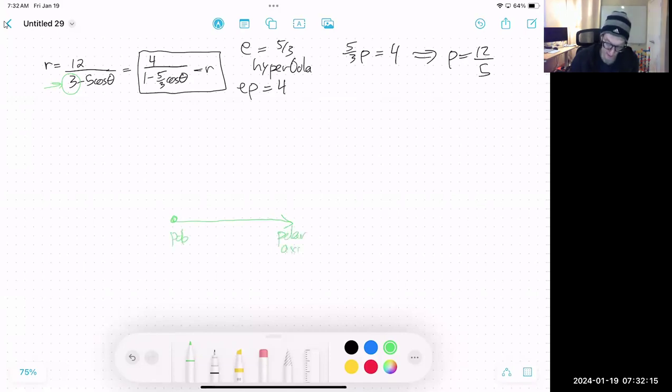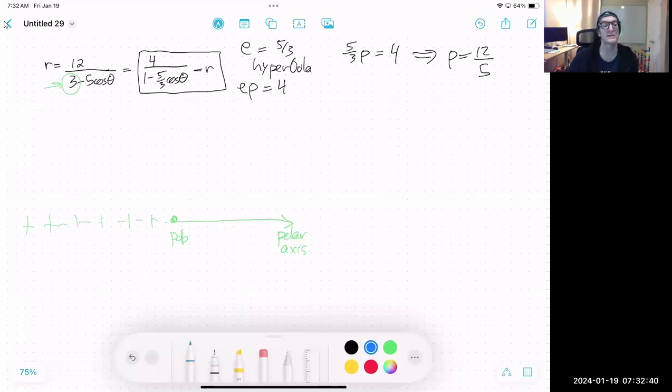I know that the directrix is going to be to the left of the pole, and that it's 12/5 to the left. So let's go 1, 2, 3, 4, 5, 6, something like that.